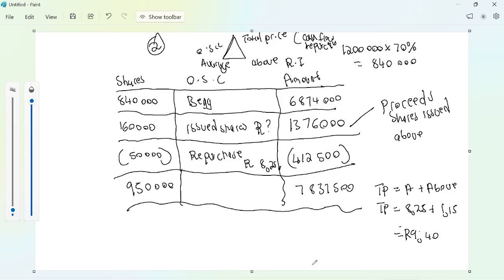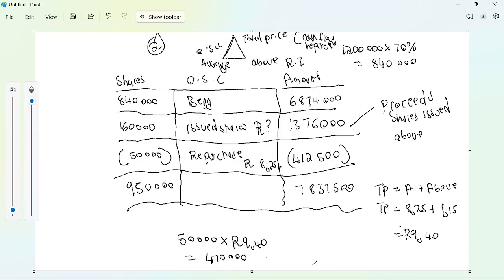So how are you going to get the total value? You say the number of shares, which is 50,000, multiplied by 9 rand 40. So 50,000 multiplied by 9,40. This amount goes where? 470,000.